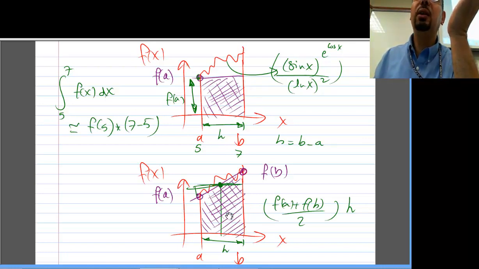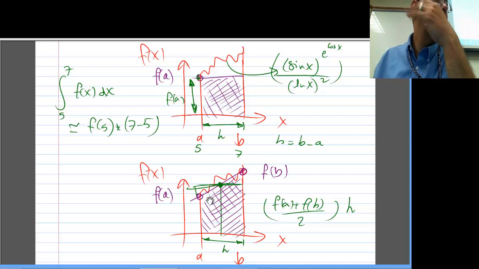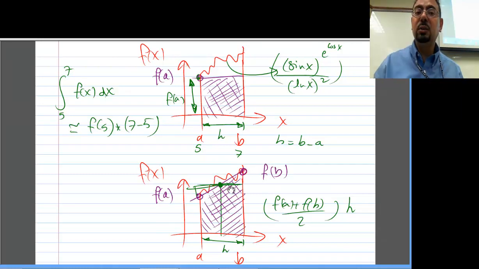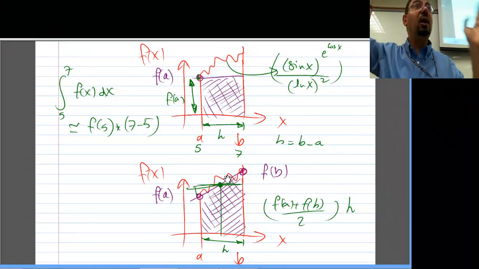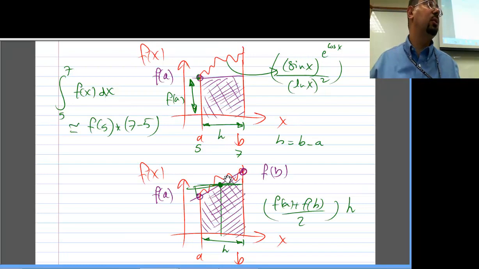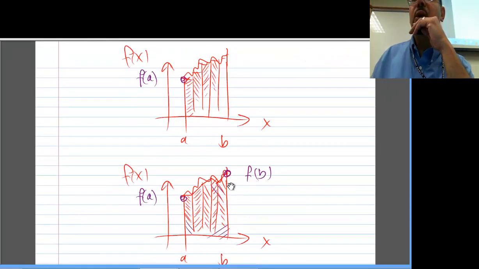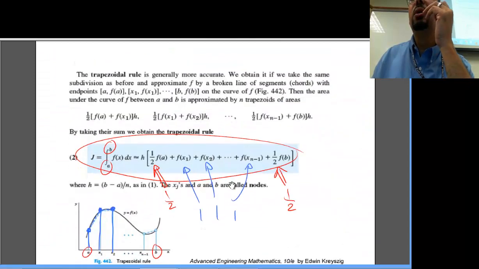And here you said, I think it's a line. The third method is basically to say, I think this is a curve. And for most functions, especially if you don't go far away, a second order polynomial will fit on top of them. It's really a good approximation. So that's the Simpson rule.